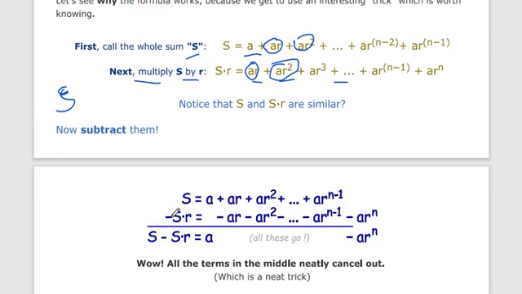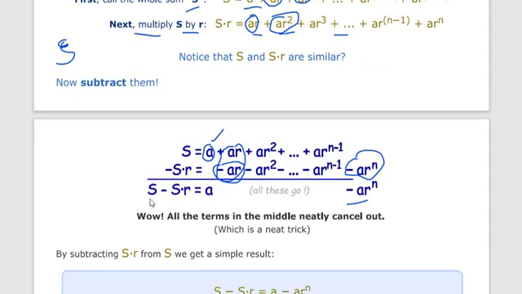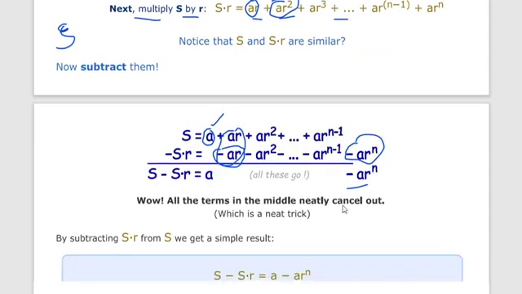So we cancel out both terms by taking the difference of both equations. So s minus sr: we get here a plus ar in the first equation, and we write the first term in the second, so we can easily cancel out each term. In the first equation we have the first term remaining, and in the second equation what remains is the last term. So we have s minus sr is equal to a minus ar^n.